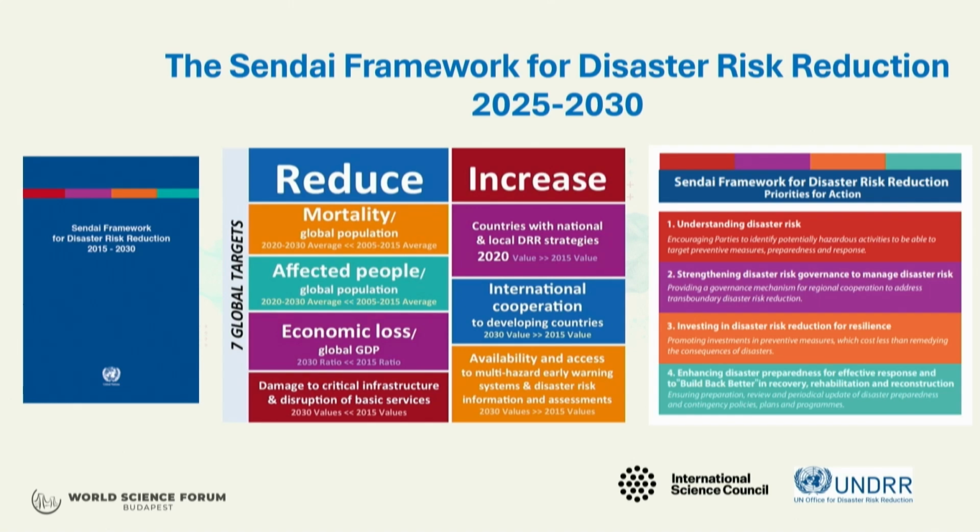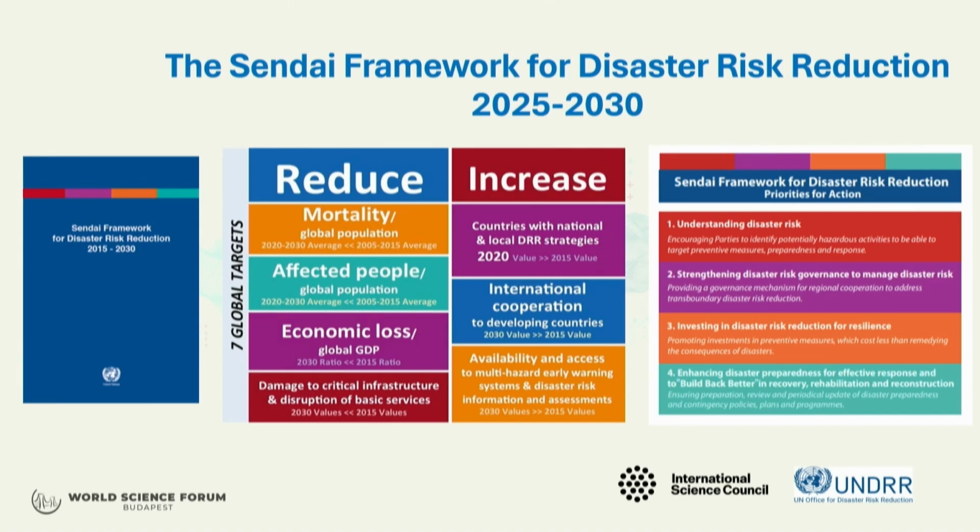So the Sendai Framework has been the reason why we've been doing this. The Sendai Framework talks from 2015 to 2030, and it looks very much at the all-hazard approach to reduce mortality, affected people, economic loss, and damage to critical infrastructure and disruption of basic services.